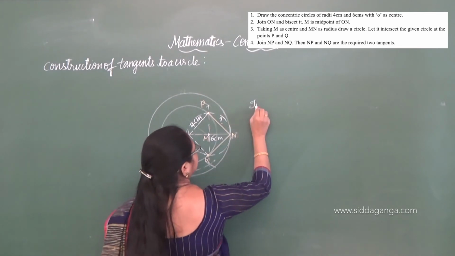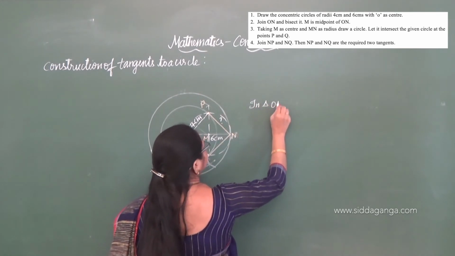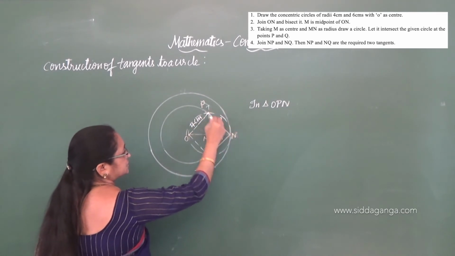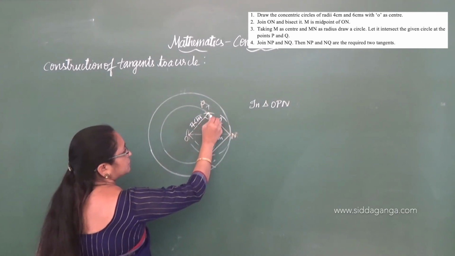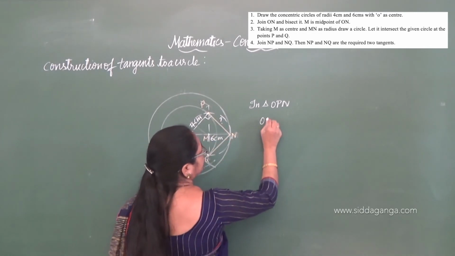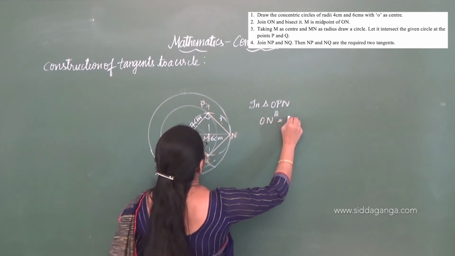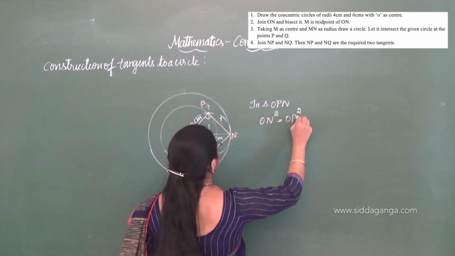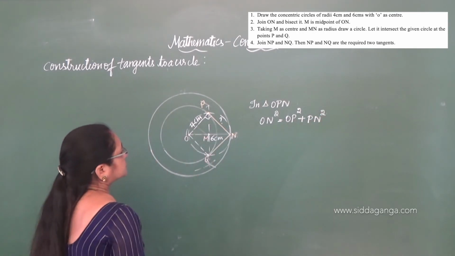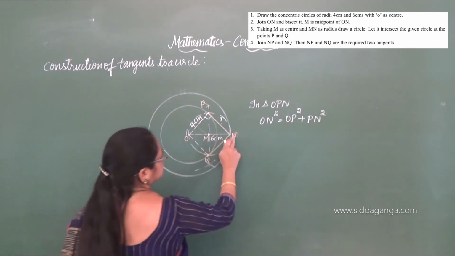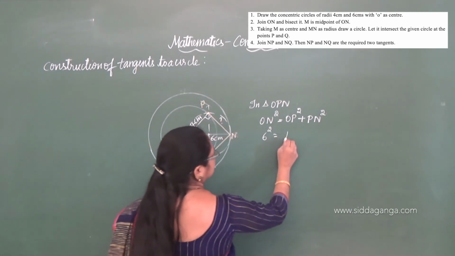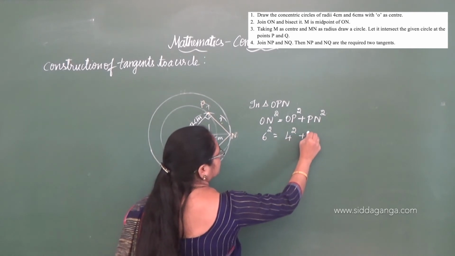So in triangle OPN, here we know it is 90 degrees, so definitely ON is the hypotenuse, so ON square is equal to OP square plus PN square. So 6 square is equal to 4 square plus PN square.